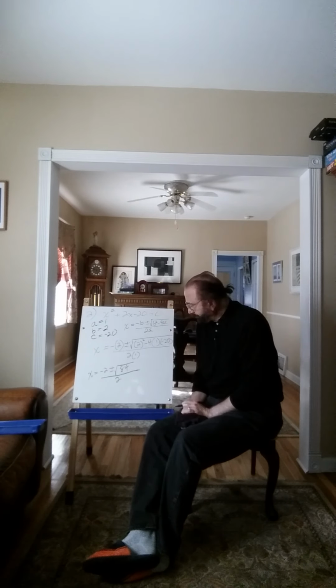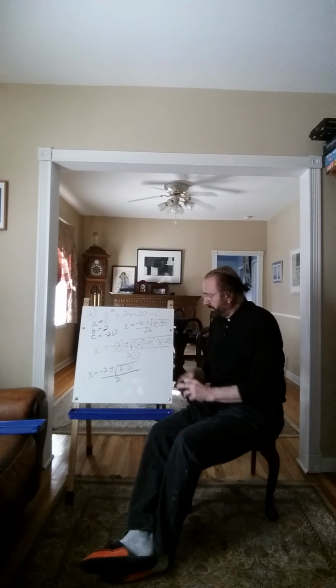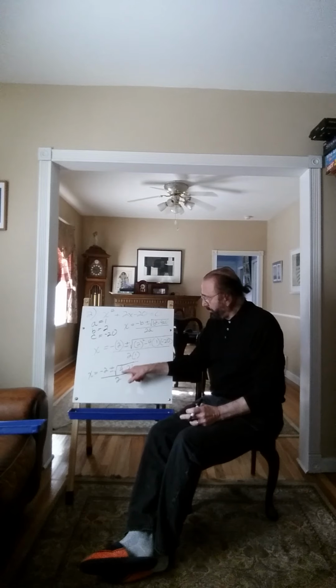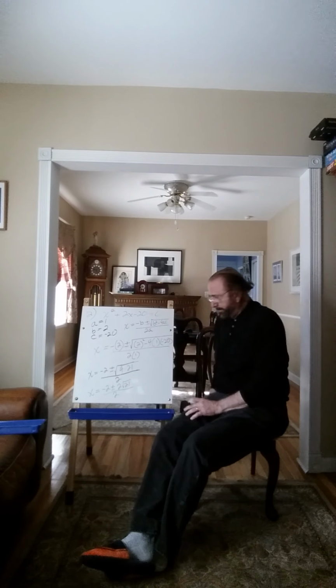Now, I can simplify this radical. I could say this 84 is the same as 4 times 21. 4 times 21 is 84. Now, the square root of 4 is 2, so I can bring the 2 out. So I have 2 times the square root of 21 all over 2.